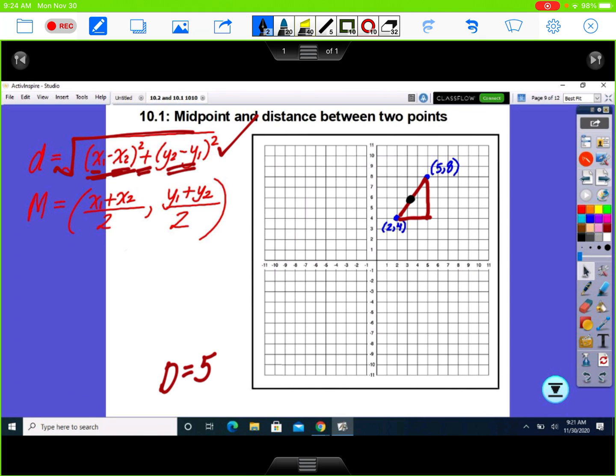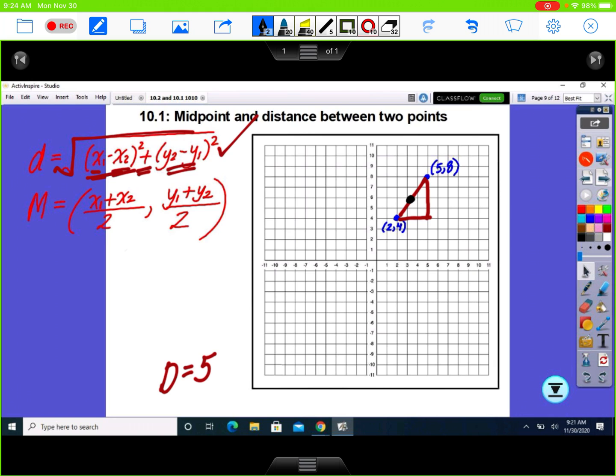Any guesses? I've literally drawn you a point. Take a guess. Looks about at 3-ish, 3.5-ish. Everybody agree? And then how high does it roughly look? About at 6. Do you guys agree that that would be about the halfway point?